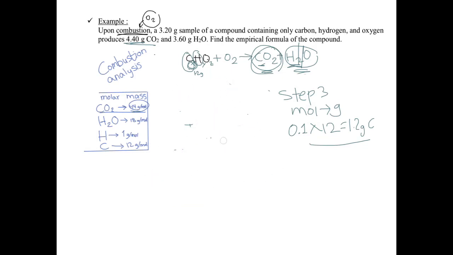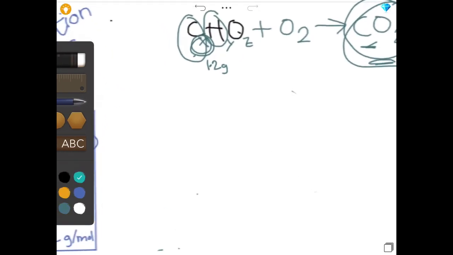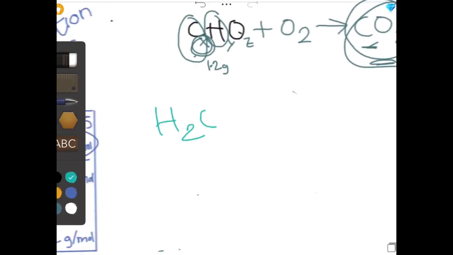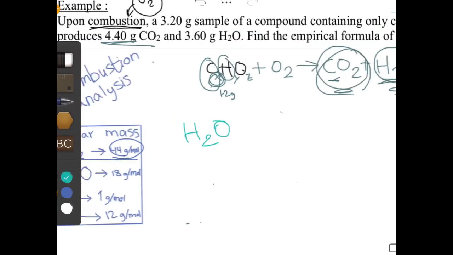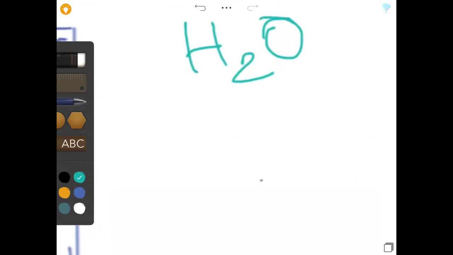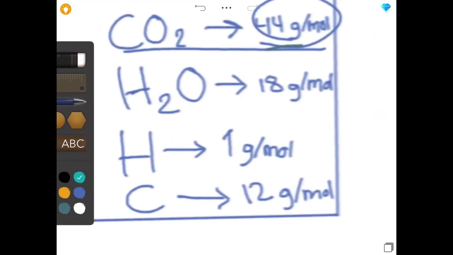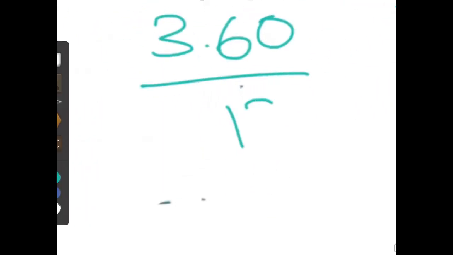So let's find the H. You have H2O. Gram to mole, we divide by molar mass. It's 3.60 gram divided by the molar mass of H2O, which is 18.